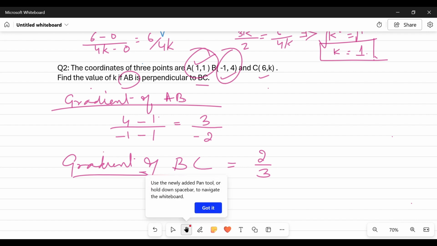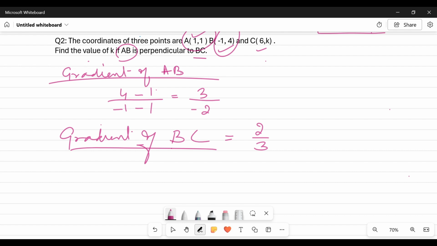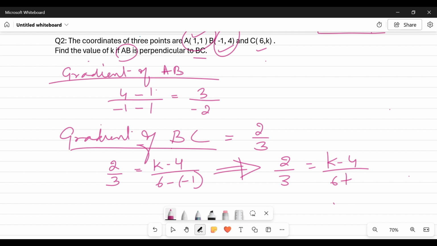This 2 over 3 equals the gradient using the coordinates of B and C. The coordinates of B are (-1, 4) in the question, and C is (6, k). We substitute into the formula y2 minus y1 over x2 minus x1. So it gives you k minus 4 over 6 plus 1. So 2 over 3 equals k minus 4 over 6 plus 1.